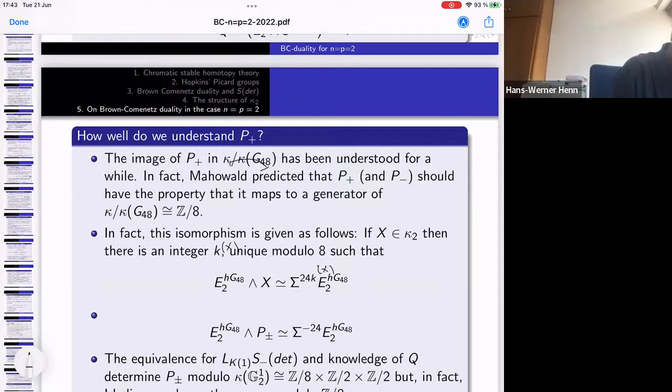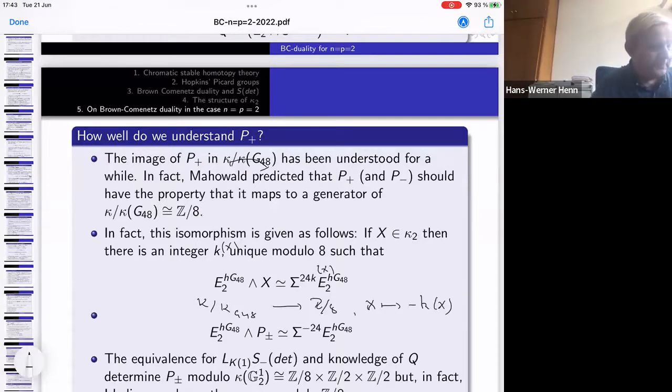The map that we will choose in the sequel will send X to minus k of X. So with respect to that isomorphism, P plus and P minus will be sent to the class of 1 modulo 8.